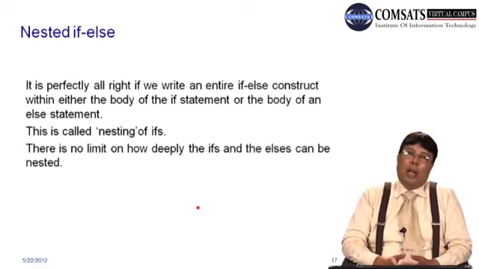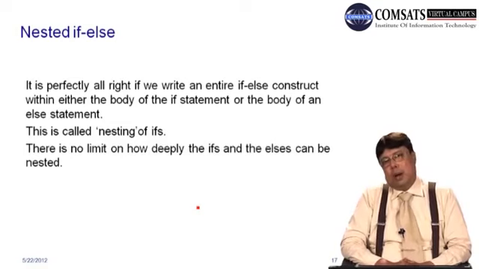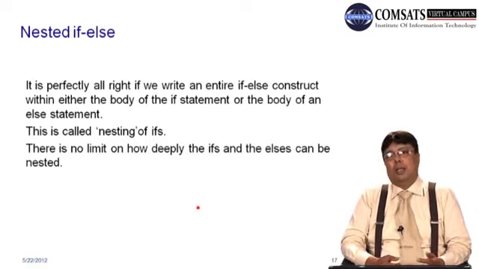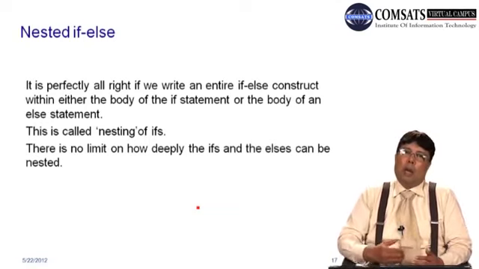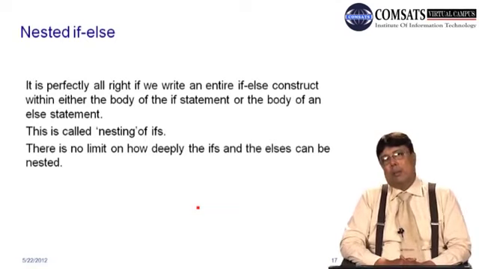So we can use an if again inside the body of if, and again an if inside the body of else. So if we use an if statement within the body of an if statement or within the body of an else statement, then we call it nested if. Exactly like we used a for loop again inside the body of for, and we called it a nested for loop.